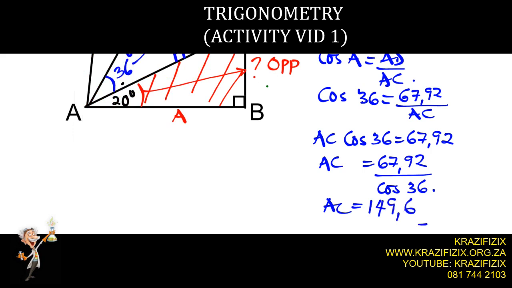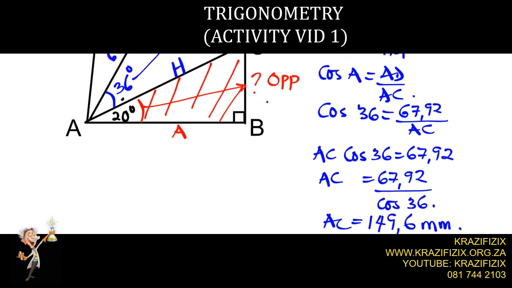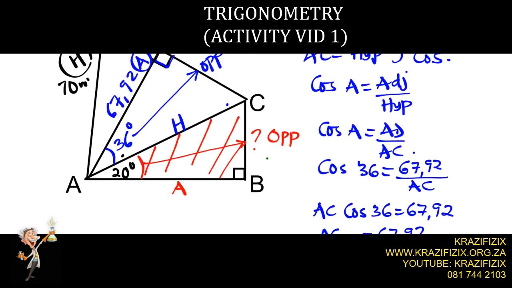Don't be afraid of very big answers. Okay, millimeters. So we have our AC given as 149.6 millimeters. Alright, now we're back to where we started from.